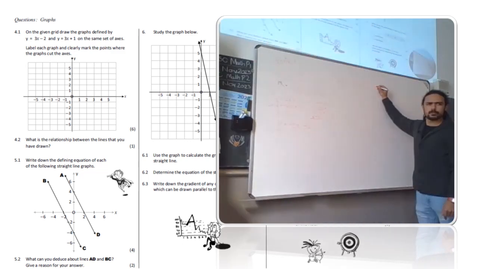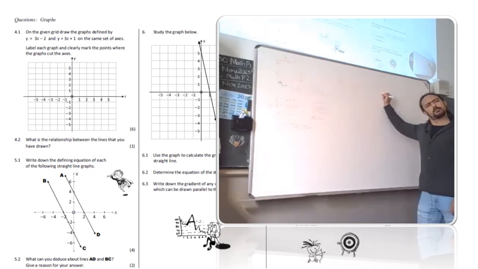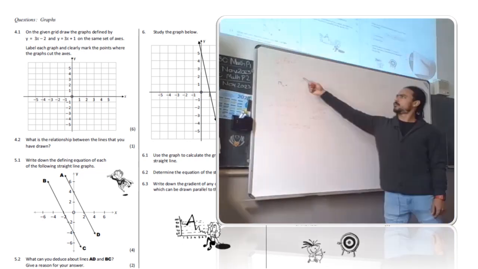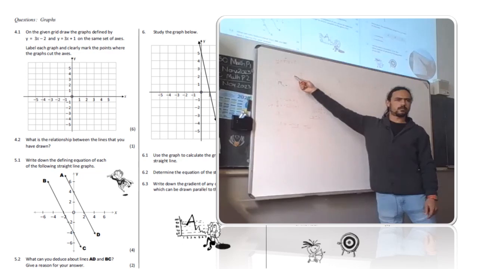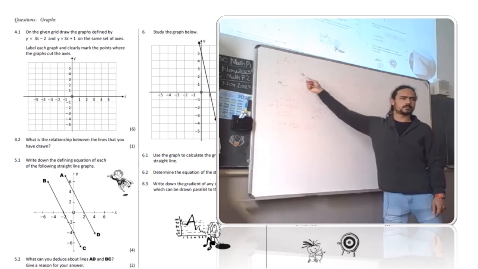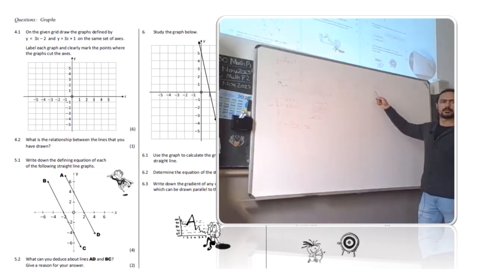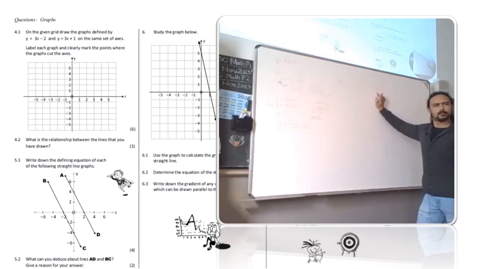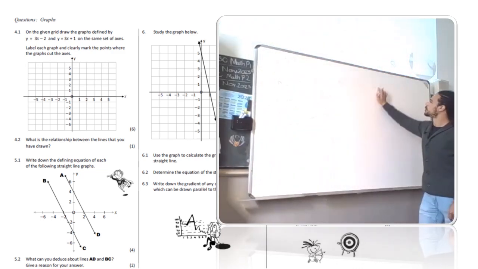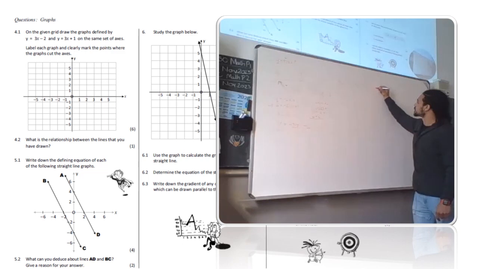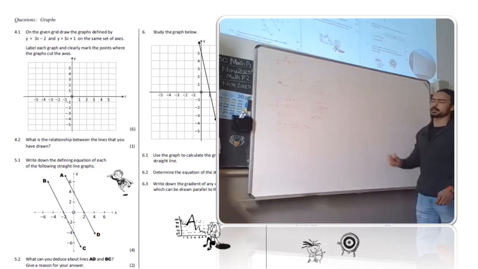Negative 4 and 0. We say first the x. So? Yes. 0 and then negative 4. Well done. Thank you, Ms. Kim. Right.